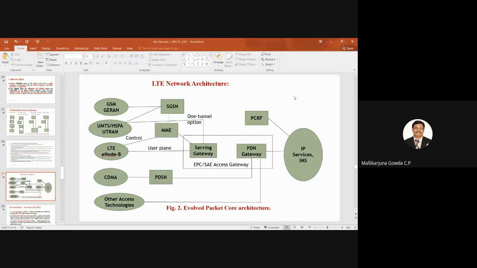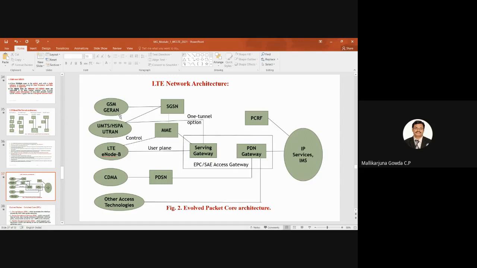Okay, fine. Along with that, as I said, other generation network elements like CDMA, which is of 2G and 3G, right? That will be connected to this PDN gateway through PDSN. And other than that, even GSM, I said it is a 2G network, then GERAN, then UMTS or HSPA. That is Universal Mobile Telephone System, then High Speed Packet Access, Universal Terrestrial Radio Access Network, that is UTRAN.